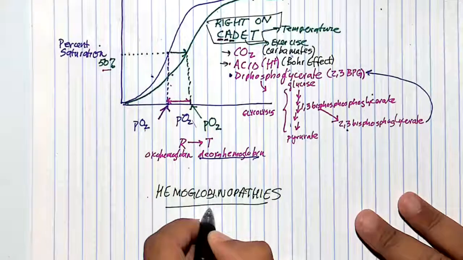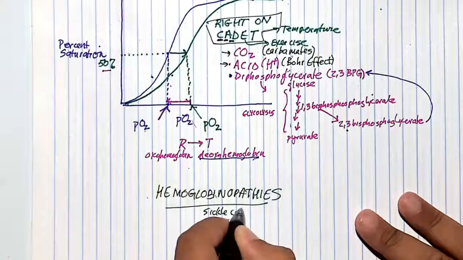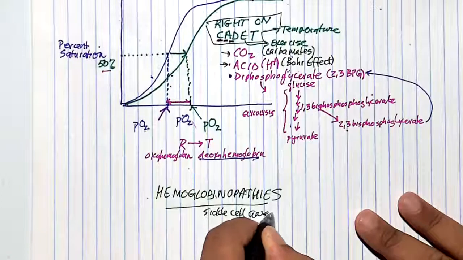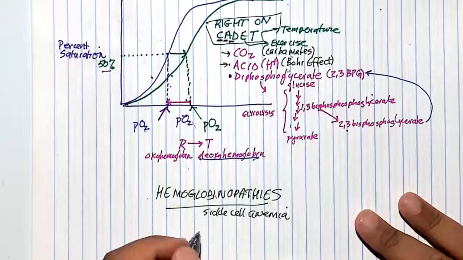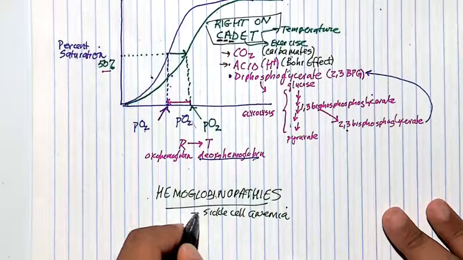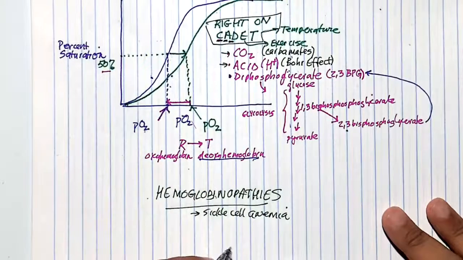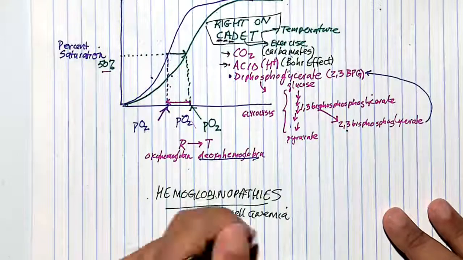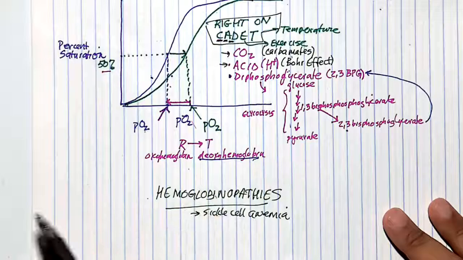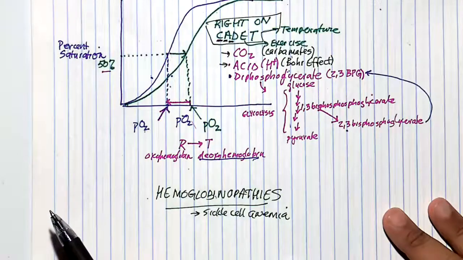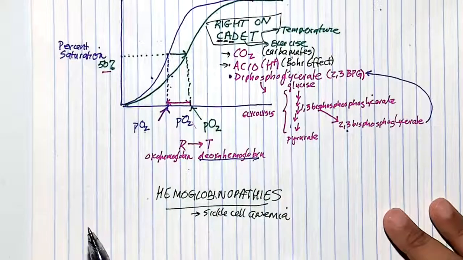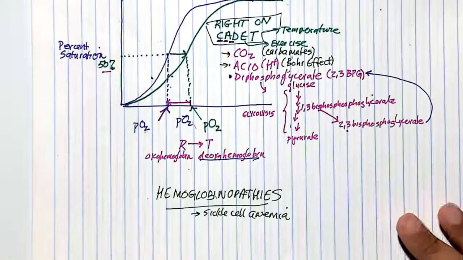The most famous one is sickle cell anemia. And this one is really amazing because it tells you why amino acids are important, why you memorize those structures, why you need to know about tertiary structure, why you need to know about secondary structure. All right, so we're going to talk about that.